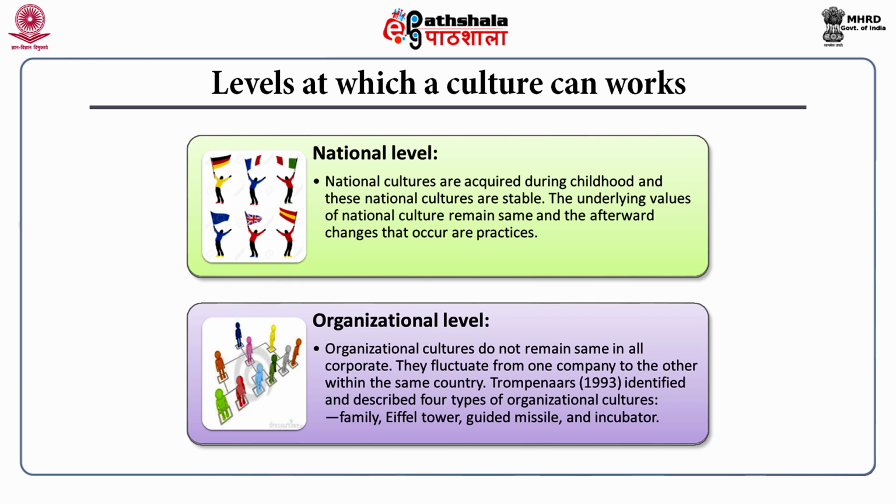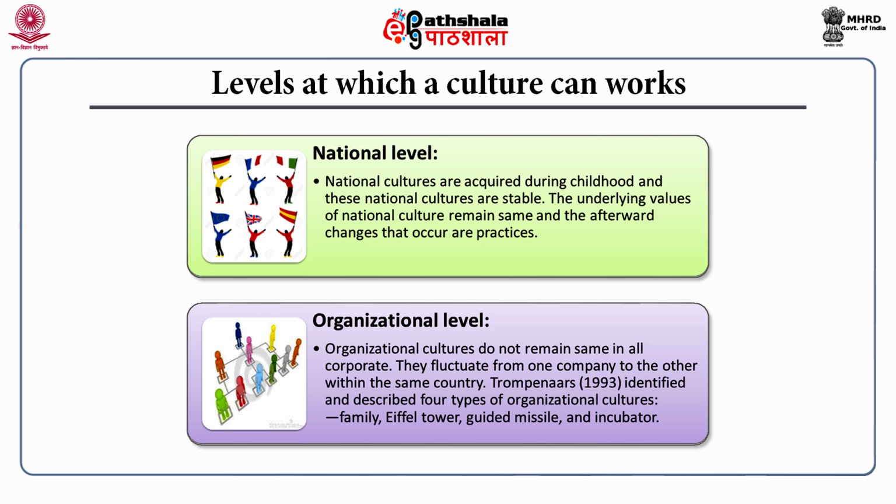At the organizational level, organizational cultures do not remain the same in all corporates. They fluctuate from one company to another, even in the same country. Trompenaars in 1993 identified and described four types of organizational cultures: family, Eiffel Tower, guided missile and incubator.